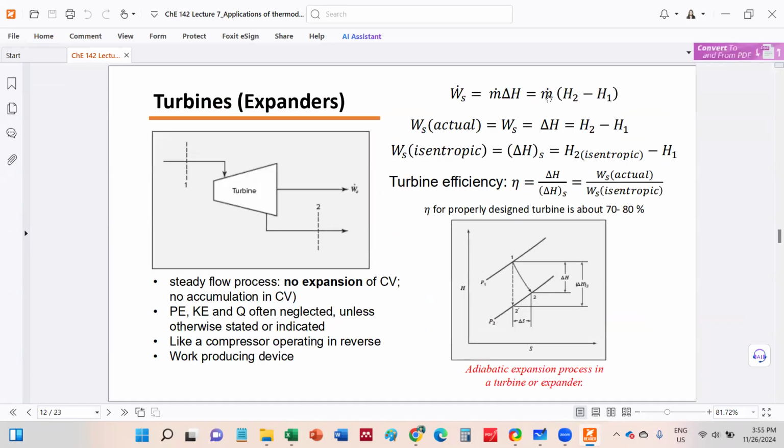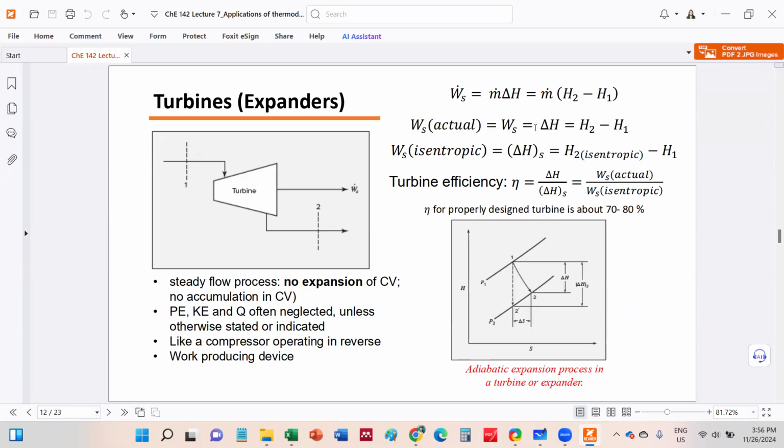Here is the working equation for turbine. It's work shaft equal to the mass flow rate times delta H. Since no mass flow rate was given, we use this: work shaft is just delta H.